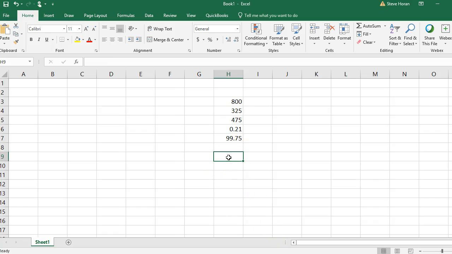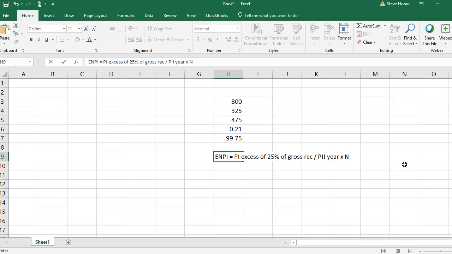So excess net passive income, ENPI, equals PII in excess of 25% of gross receipts, divided by PII for the year, passive investment income for the year, and we multiply that by net PII for the year.